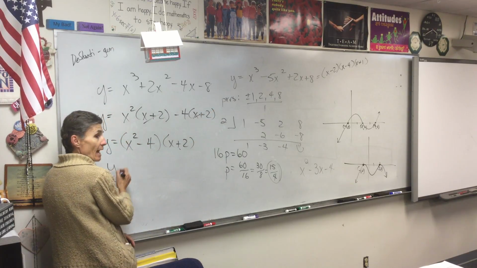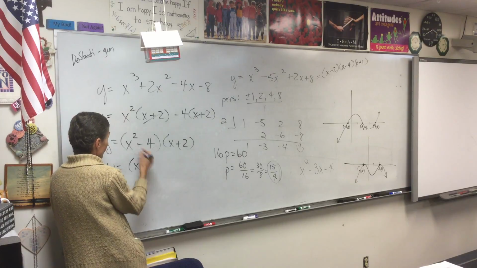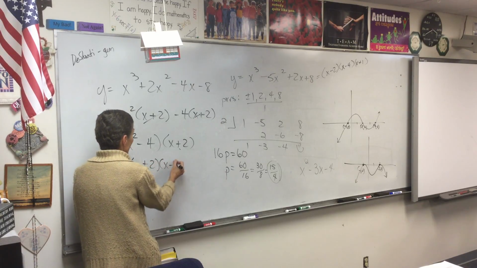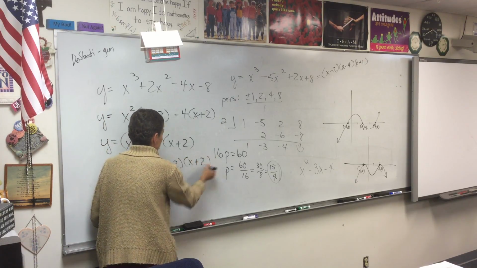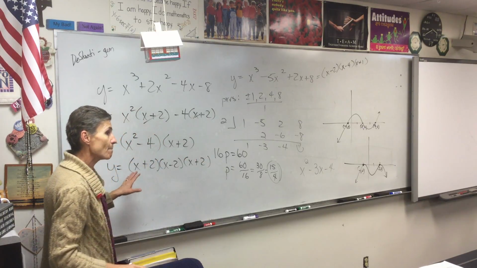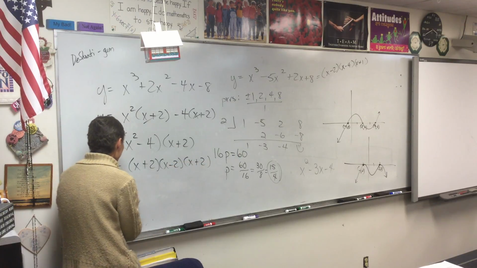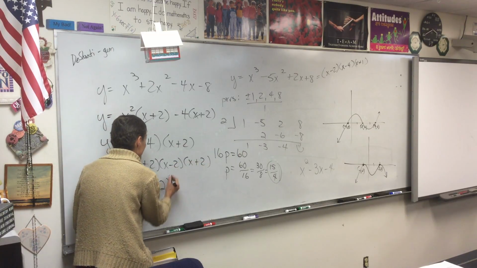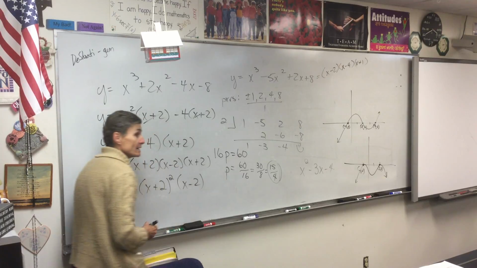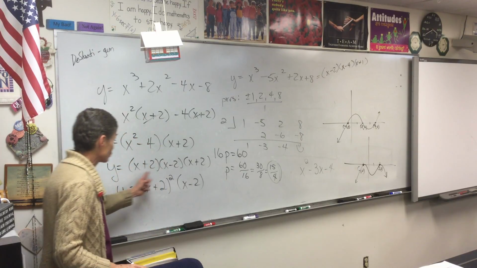Now something's going to happen here, pay attention. When I factor that, I get x plus 2, x minus 2. Why does that matter to me? Why do I have to pay attention to it? There's 2 x plus 2's, which means that one is squared. There's 2 of them.